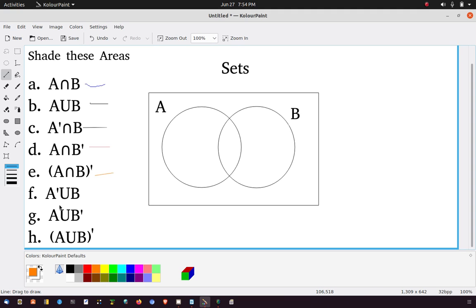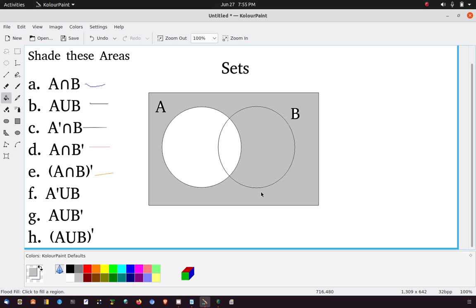Now, let's clear this, and we move to the next one in line. We've done this. Now, A complement union B. We want A complement union B. Remember now that it must be in A complement alone or B alone, or in both. So A complement, outside here is in A complement, and this is in A complement.